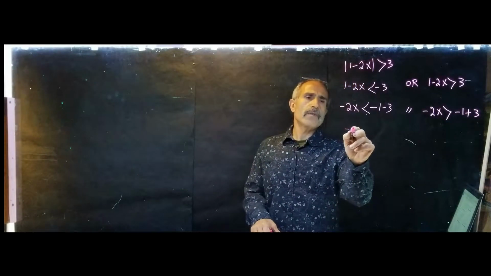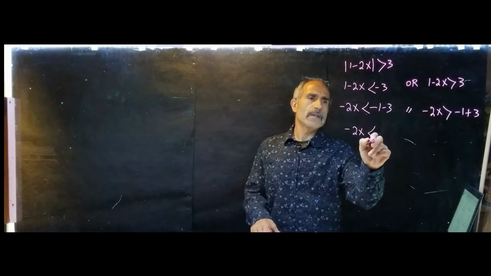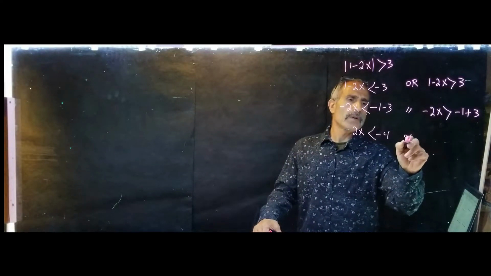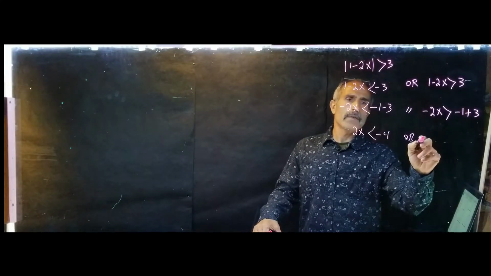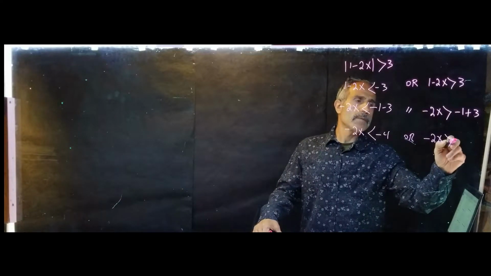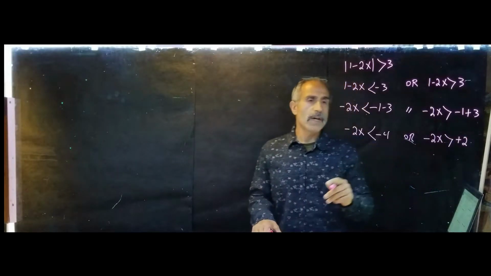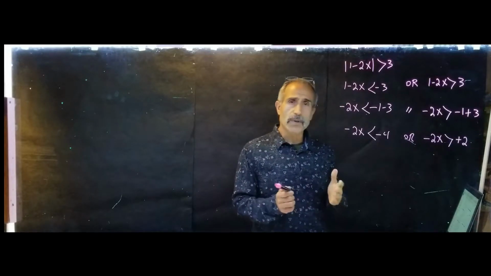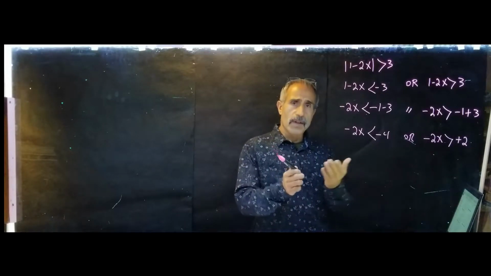So I have negative 2x less than or equal to negative 4, and or negative 2x is bigger than 2. So divide both sides, and here you have to be careful because we divide by a negative, and we talked about how if we divide by a negative, things flip.